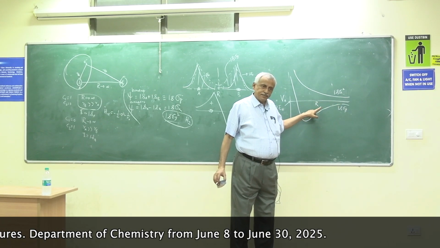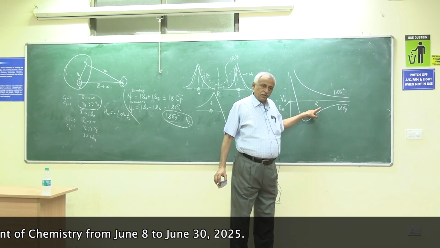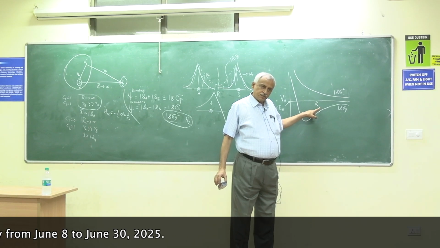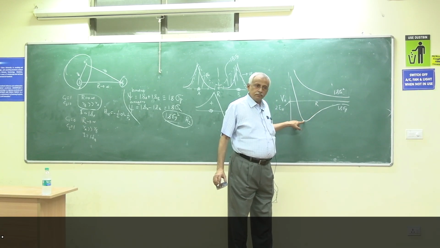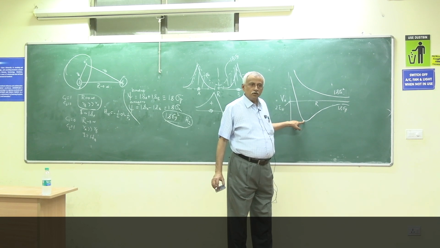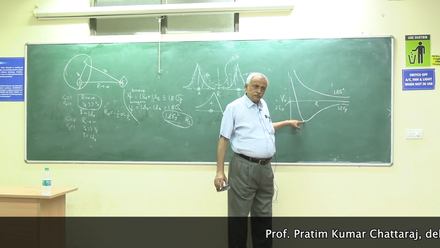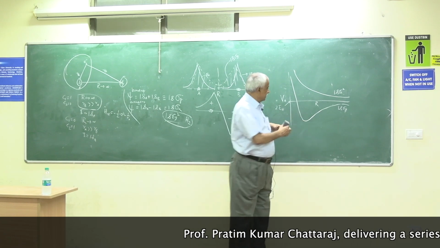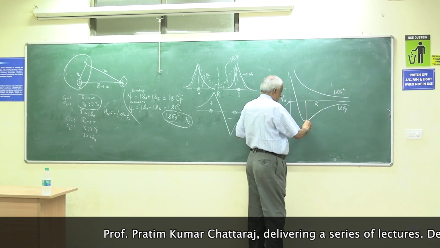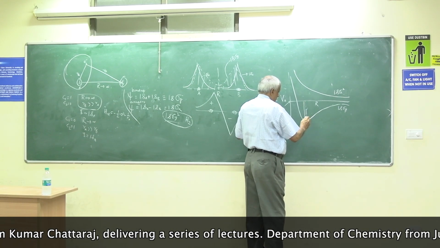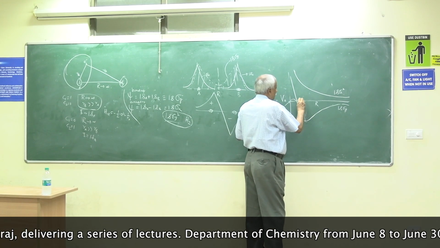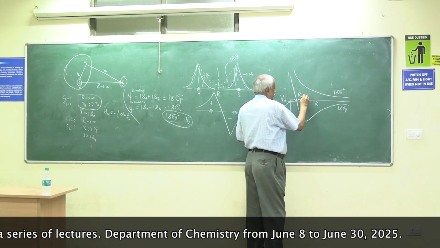Nuclear repulsion is increasing, but electron-nuclear attraction is also increasing, so energy is going down. Ultimately at a point all repulsive and attractive terms cancel each other. You will reach the equilibrium point, which we will call the equilibrium bond length of, let's say, the hydrogen molecule.